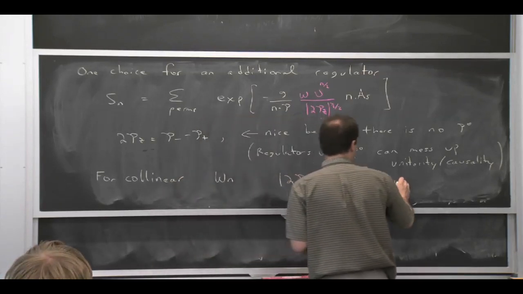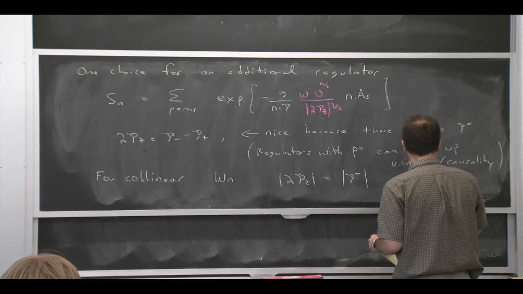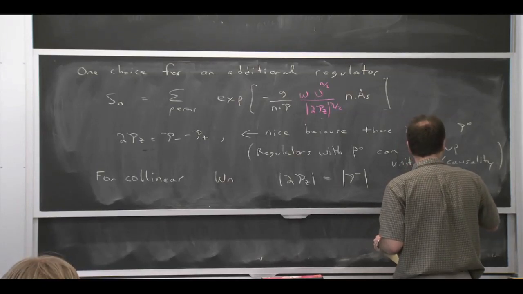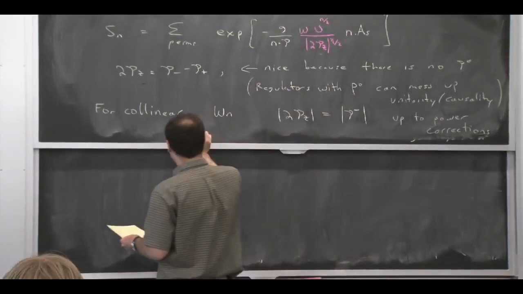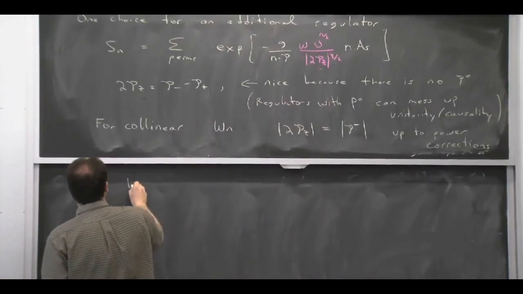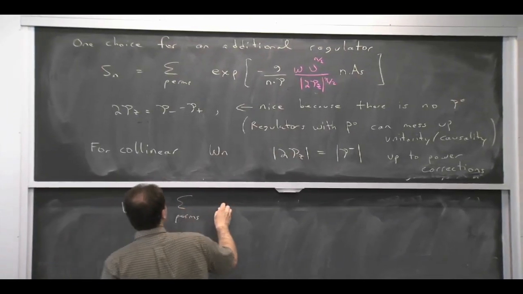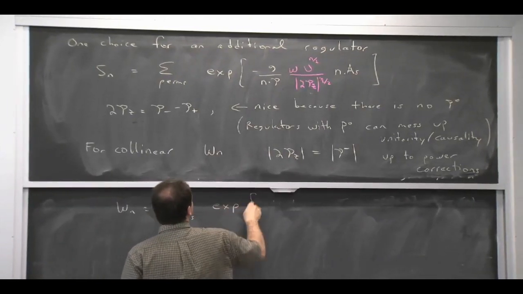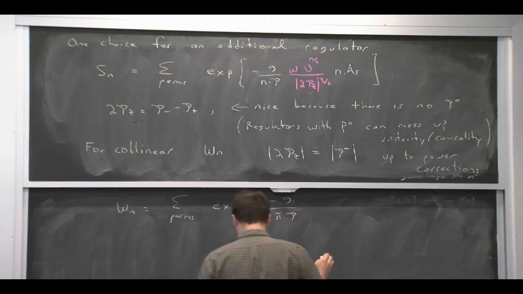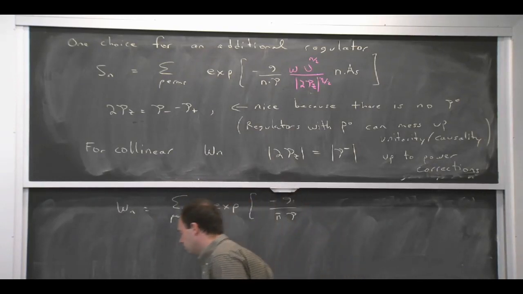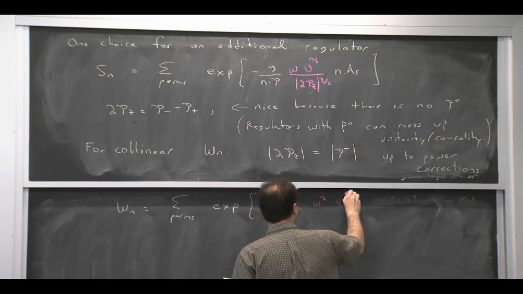That's true up to power corrections, and we don't really need to worry about power corrections when we're regulating these divergences. So it's just putting in the large momentum. And so W, written in a similar notation, I'll explain what the other things in this formula are in a minute.